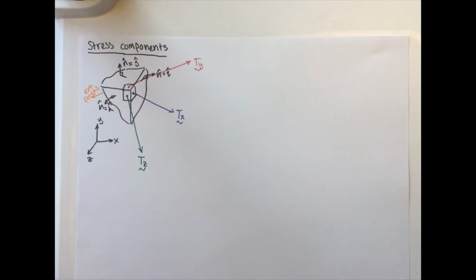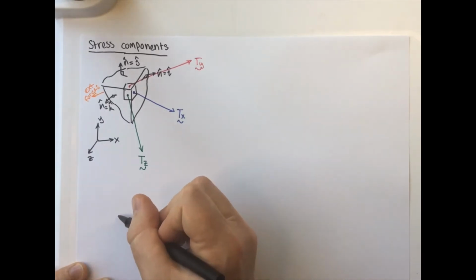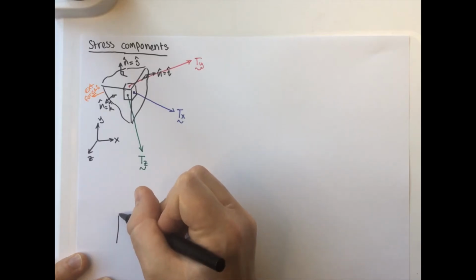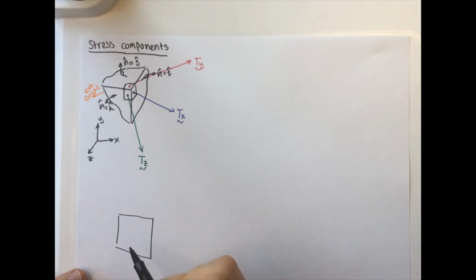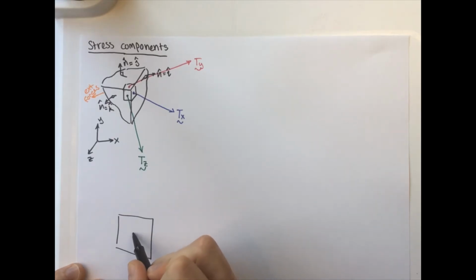Okay, so what we're going to do is we'll actually look down here in Z. So I'm going to draw this face again right here. Do my best artistic representation here. So now here is our N direction, and we might be able to draw this. See if I can do this.